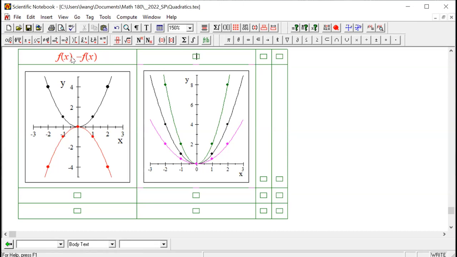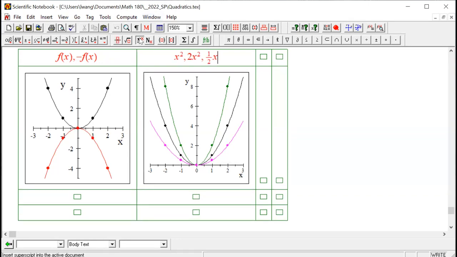So let's make the color tone. Let's do this first. So we have x squared, and we have 2x squared, half x squared.